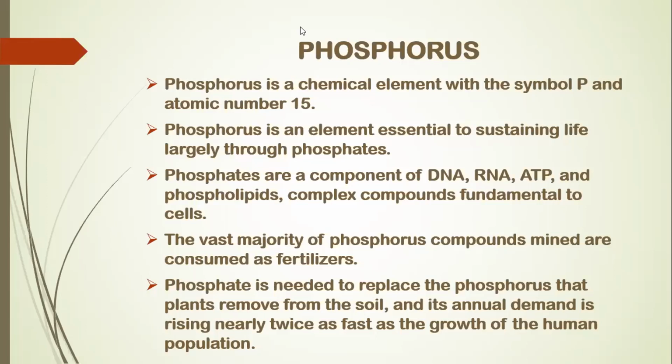And on most of the soils on the planet, you will find phosphate in plant-unavailable forms. Very little is being done by the farmers in farm management to mobilize that phosphate.